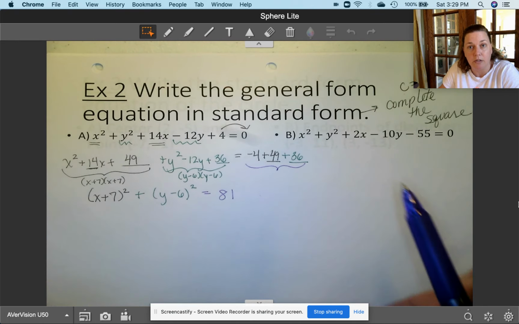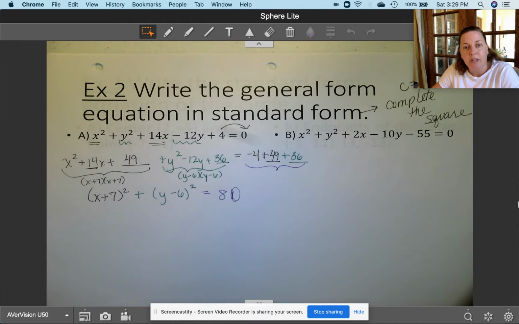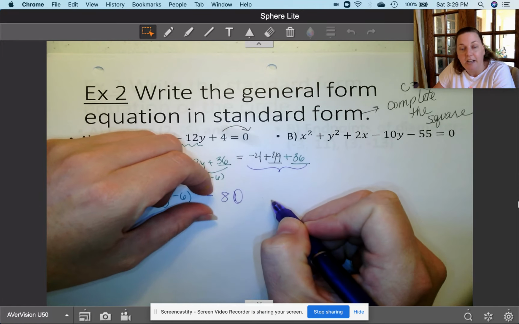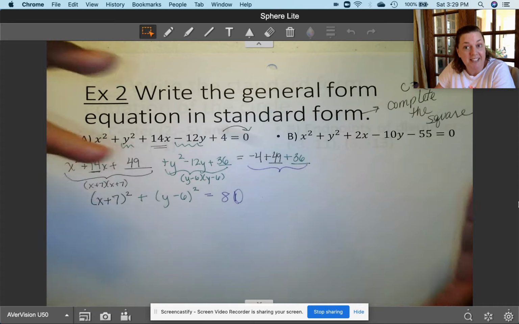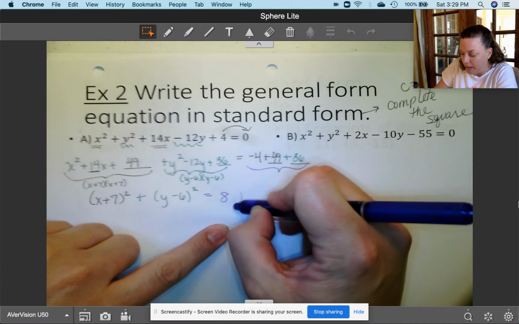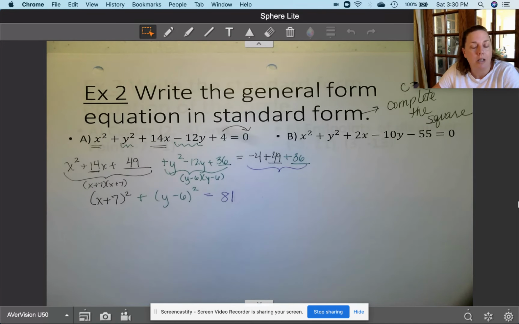It's accurate, it's not incorrect. But the minute you add wrong and say 80, now you lost a point. They can't give you credit for that because 80 is not correct. But if you had just left it negative 4 plus 49 plus 36, it was right. It wasn't incorrect, and that's the key. That's what you always need to be thinking about: don't do more work than is absolutely necessary. We're going to talk about this all semester long.